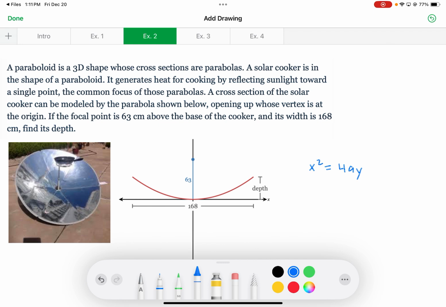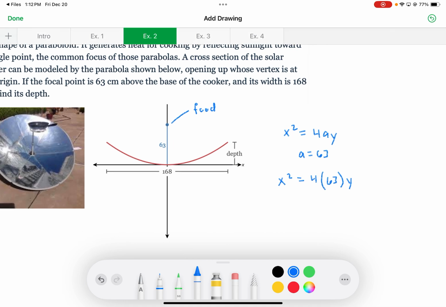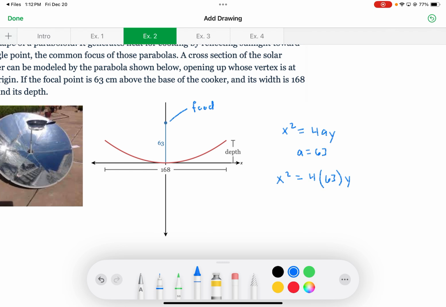That would be where you're placing the pot or the pan to cook the food. And that 63 would be your A value. If I substitute that in, what's 4 times 63? 252, right?